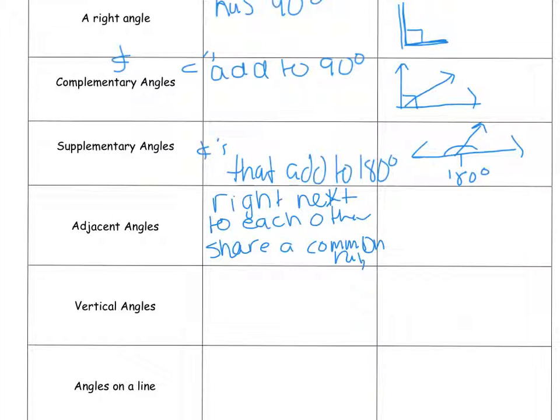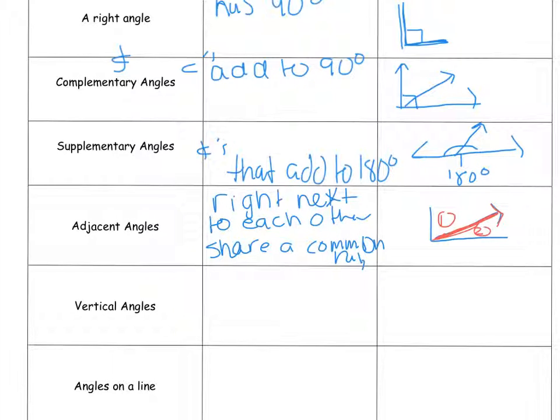So if we have an angle, here's my common ray. So here is one of my adjacent angles, here's the other. They share this common ray. So they have one of their sides or one of their rays in common.